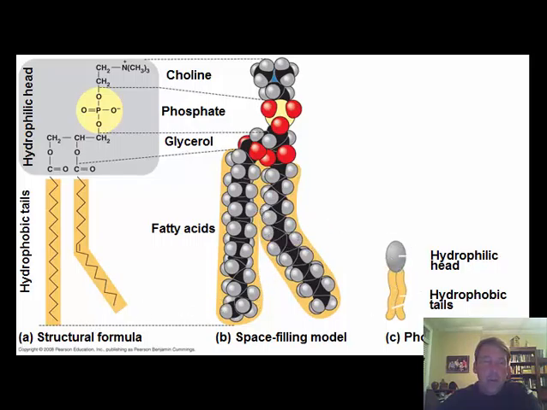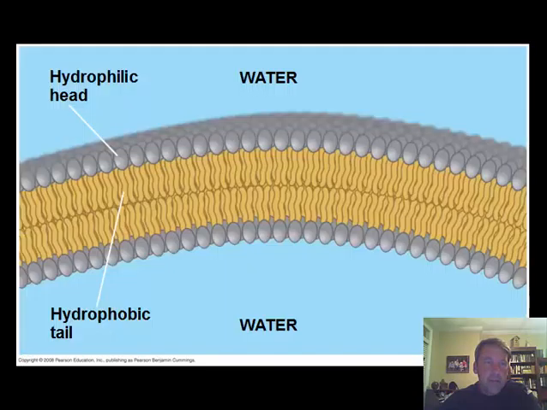So this makes up our membranes, and we can see this shows an example of our membrane where there's two layers of these that come together. Those tails that I just mentioned meet together in the middle of the membrane, and then the heads, which are hydrophilic, they interact with water, while the tails repel water and keep water from getting in or out of our cells. So it's a very important design that our cells have with these phospholipids, and we'll be talking a lot more about that as we move forward.